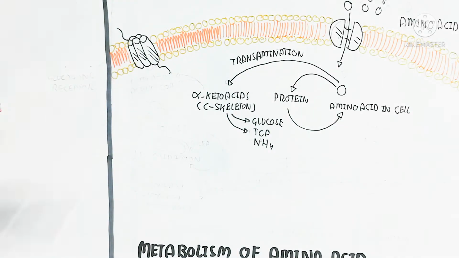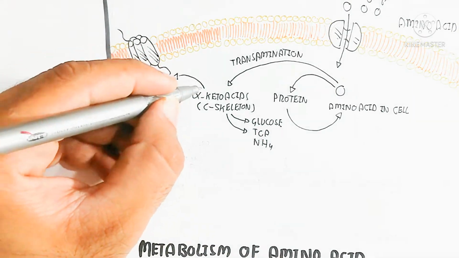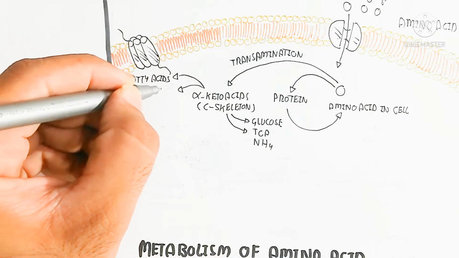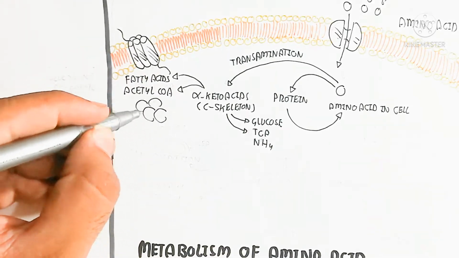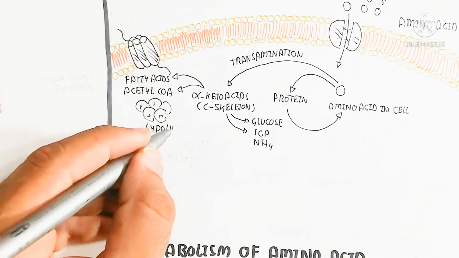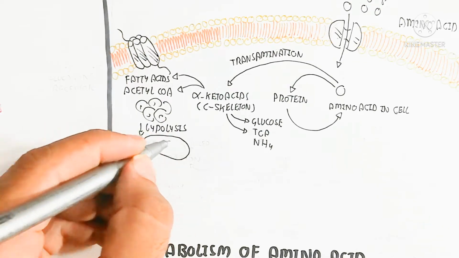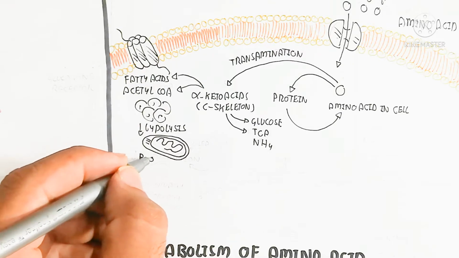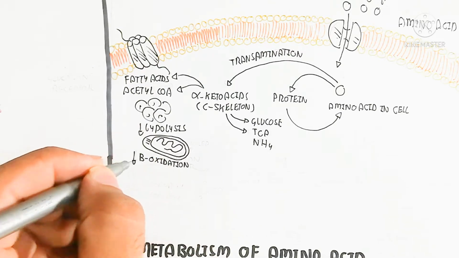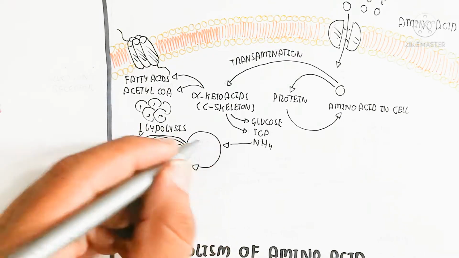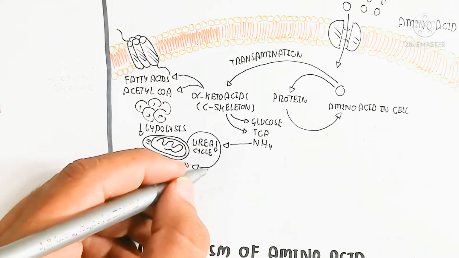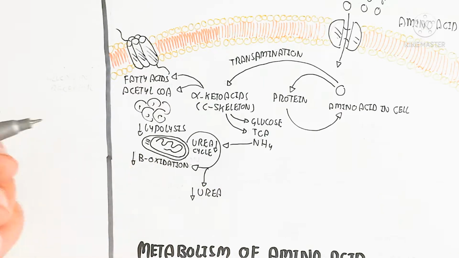This amine group moves into the urea cycle, and there is also fatty acid conversion from keto acid and acetyl CoA. In this way lipolysis will be decreased because we are in the fed state, and this is anabolism, meaning synthesis of protein, not degradation, or synthesis of a variety of molecules.